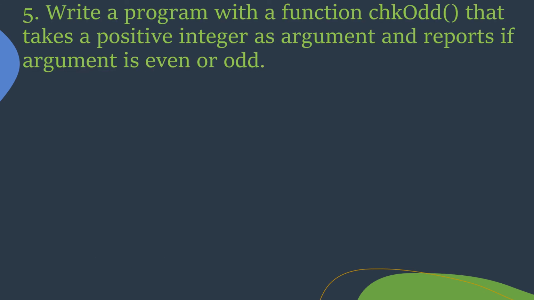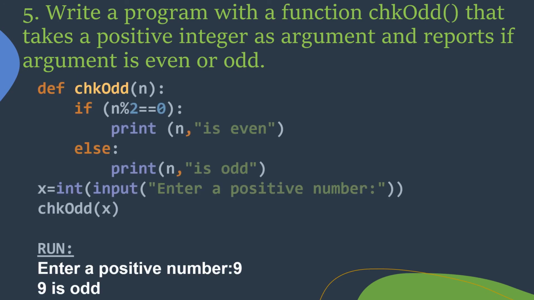Now write a program with a function chkodd that takes a positive integer as argument and reports if the argument is even or odd. You can see there is a function chkodd which is taking one argument n, and the condition is if n is divisible by 2, then it will print n is even, otherwise it will print n is odd.